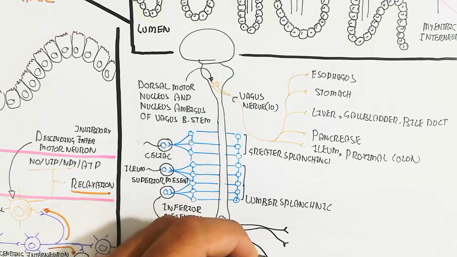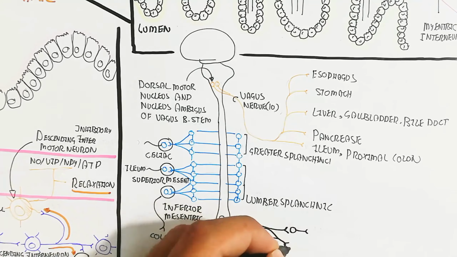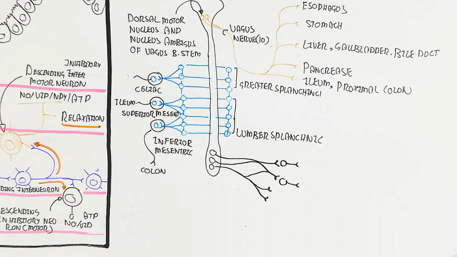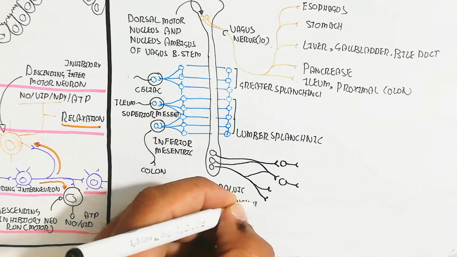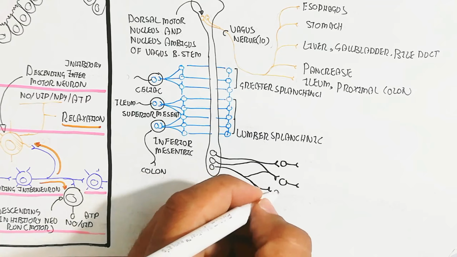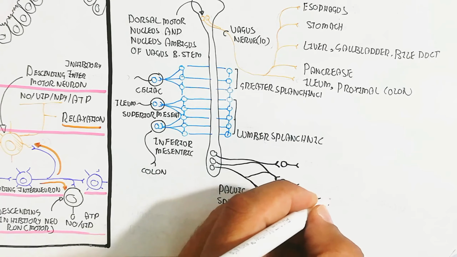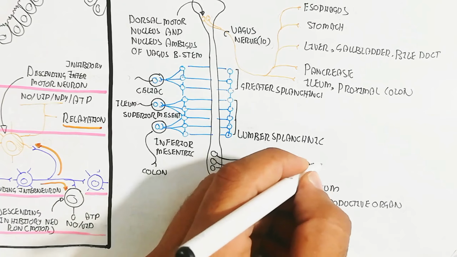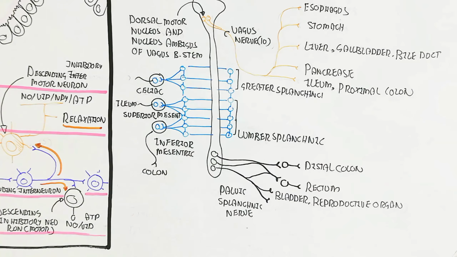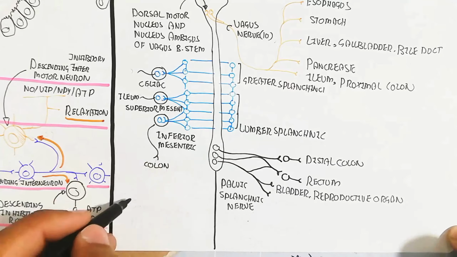Remember, this is a lumbar splanchnic nerve. On the other hand, this is the pelvic splanchnic nerve, which will lead to the distal colon, rectum, bladder, and reproductive organs, and controls the relaxation and contraction for the peristaltic movement.